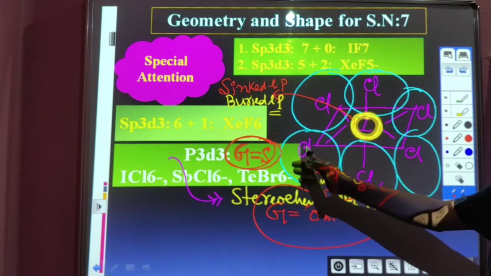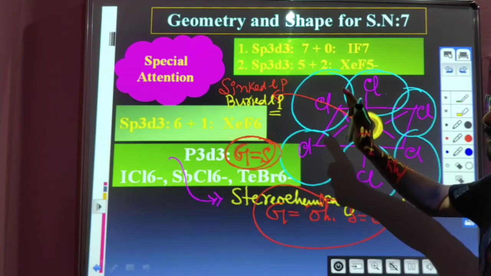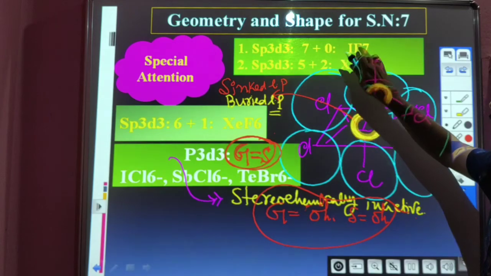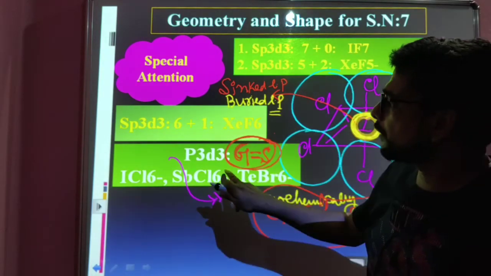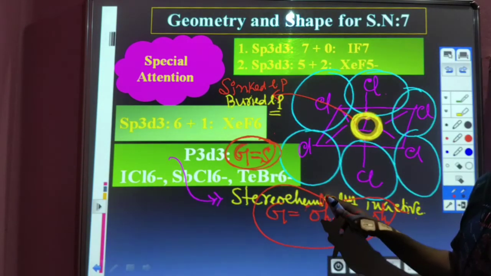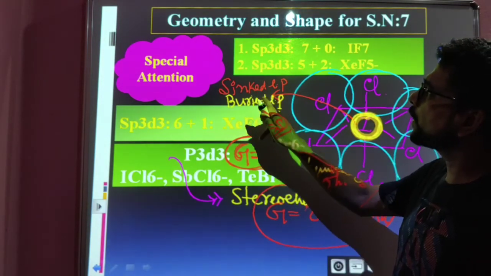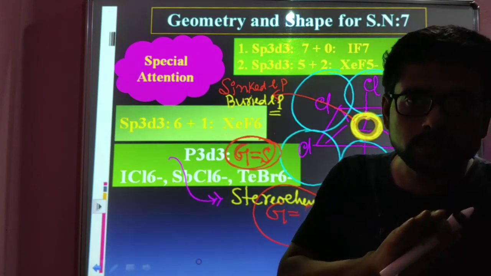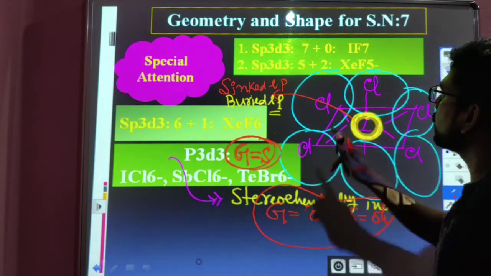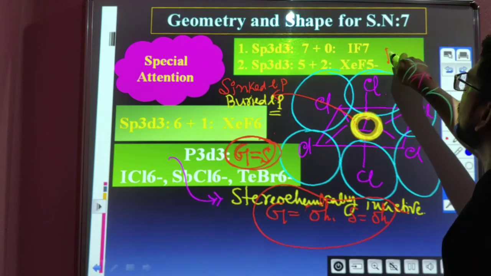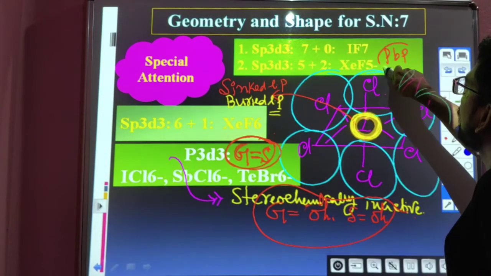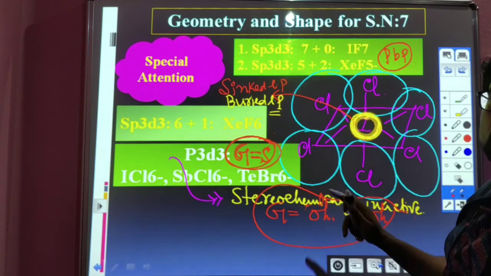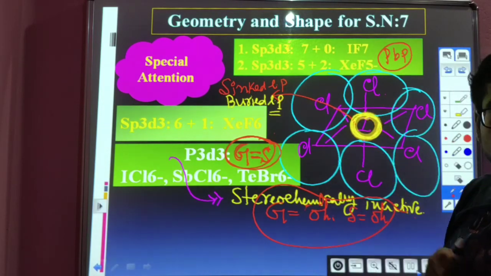Did you get it? Please pay attention to these 3-4 structures, 1, 2, 3, and try to remember these. You must remember the buried or sunk lone pair. sp3d3 hybridization does not mean that it will give you the pentagonal bipyramidal geometry. No. Sometimes it will give you pentagonal bipyramidal, sometimes it will give you octahedral.